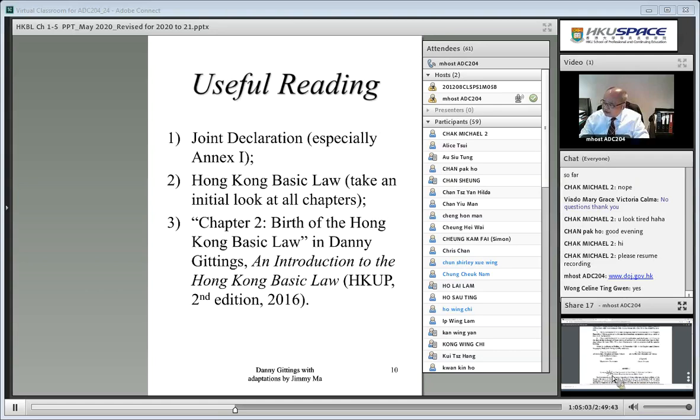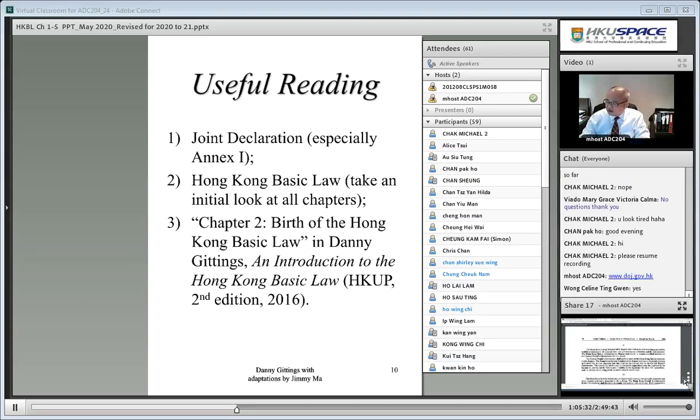The first annex is the elaboration by the Government of the People's Republic of China of its basic policies regarding Hong Kong. The next one is on the Joint Liaison Group, a group of the two governments, comprising representatives of the two governments, who were given the task of ensuring a smooth transition.